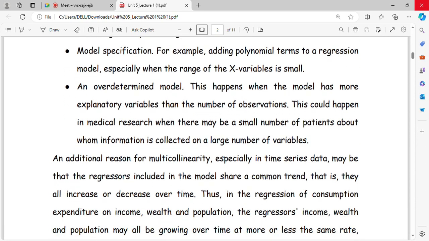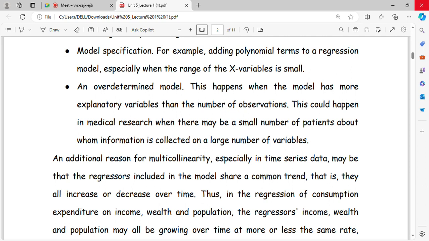An additional reason for multicollinearity, especially in time series data, may be that the regressors included in the model share a common trend, that is they all increase or decrease over time. That means that if we take inflation and unemployment, and as we know from the Phillips curve there is a relationship between inflation and unemployment, and with the time series data in hand we can see that relation.